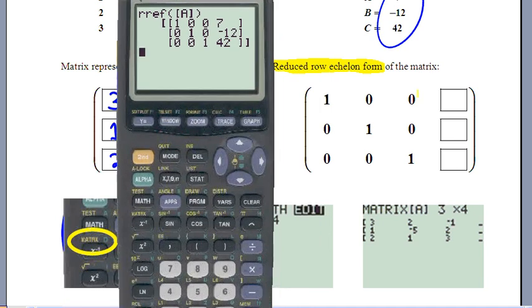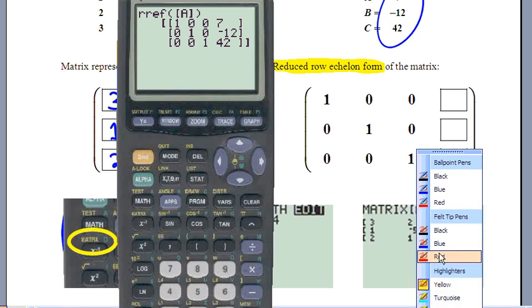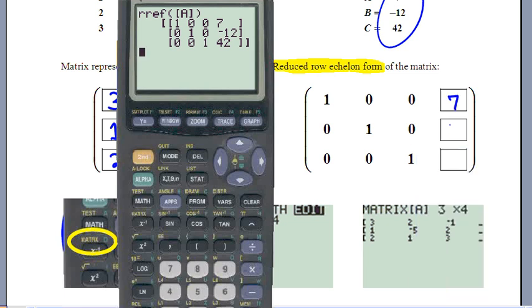Now, I'm just going to fill this in over here, and then I'll show you how you basically interpret this. It's got a diagonal set of 1s, and then here's the good stuff. Here's the answer, 7, -12, and a 42. And so the way that you read this, when you see these diagonal 1s here, this is saying, yes, 1A, and no B's, and no C's, is equal to a 7.